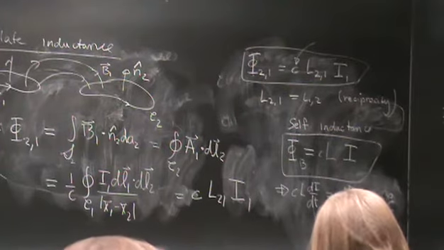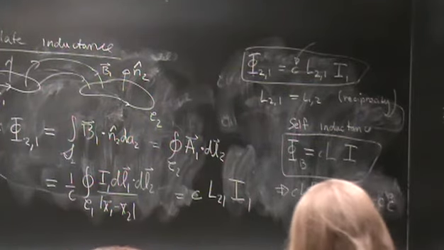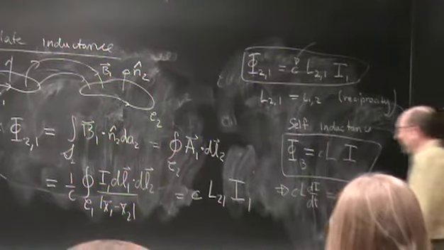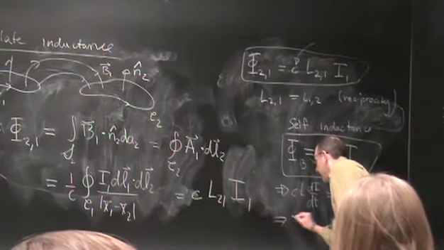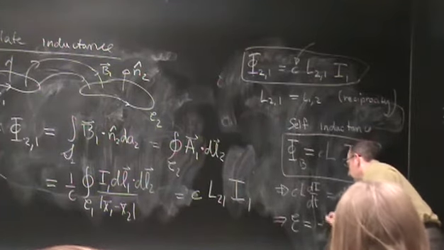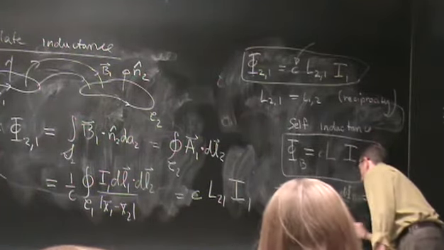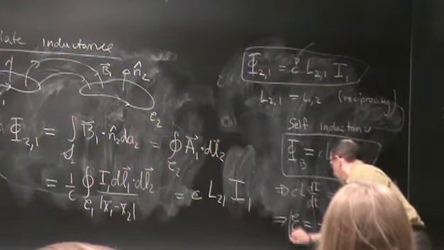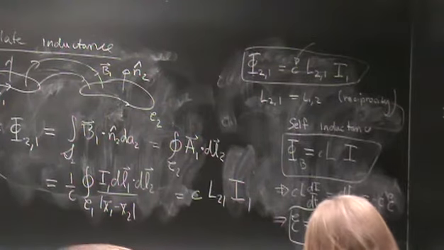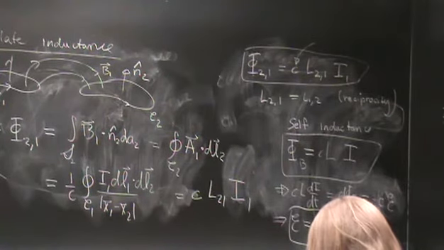Because by Faraday's law, the EMF is minus 1 over C, the change in flux. So of course what this tells us is that the EMF generated by a change in current is equal to minus L dI/dt. That's the famous relationship between a change in current and the inductance, which you know from your circuit theory.